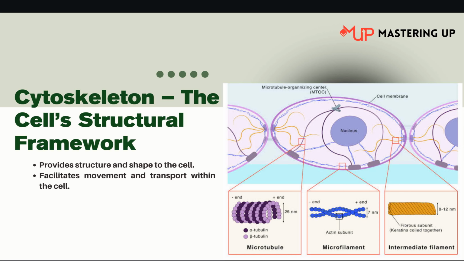Now let's see the cytoskeleton, which is the cell's structural framework. The cytoskeleton is a network of protein fibers that provides structure to the cell. It helps maintaining the cell's shape, and it facilitates the intracellular transport and also enables the movement of organelles within the cell.